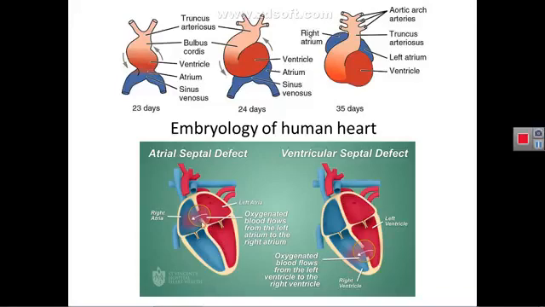For example, we said that some of the septa in reptiles are incomplete, between the atria and the ventricles, and therefore we may see a defect in the atrial septum or in the ventricular septum in humans, due to the same principle that ontogeny recapitulates phylogeny.